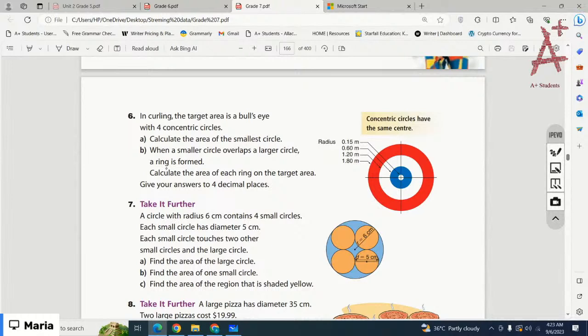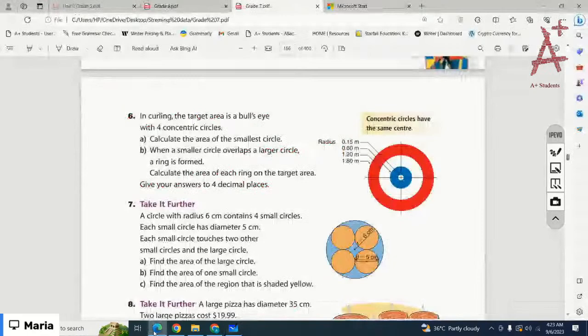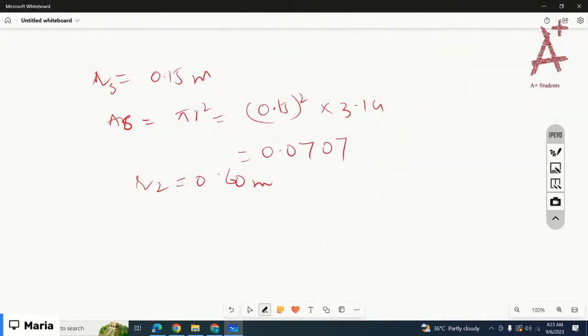Let's calculate the area of the bigger circle that has the radius 0.60 meter. So you have to do pi r square, that would be 0.60 square times 3.14.